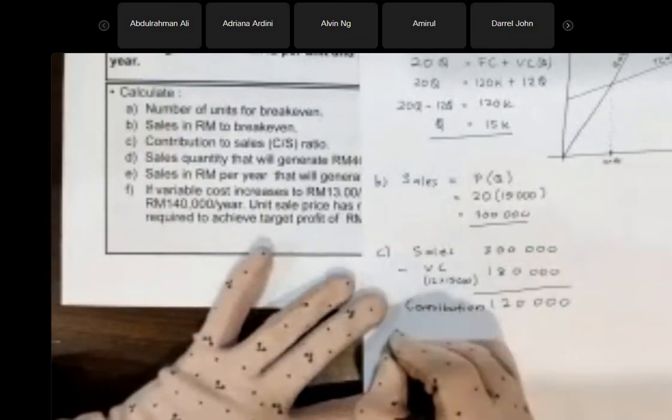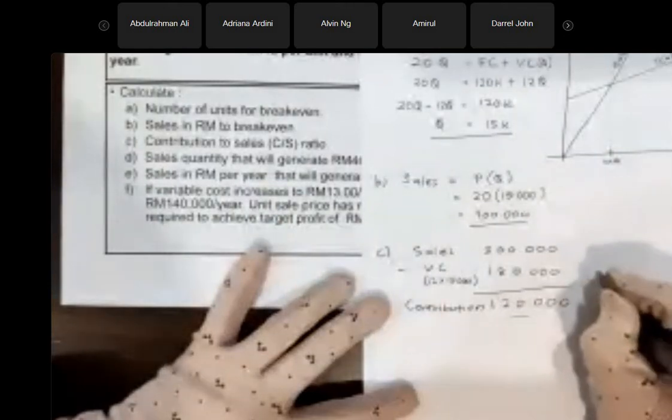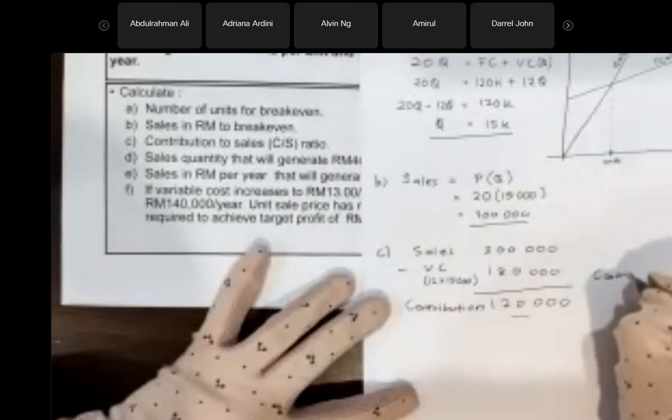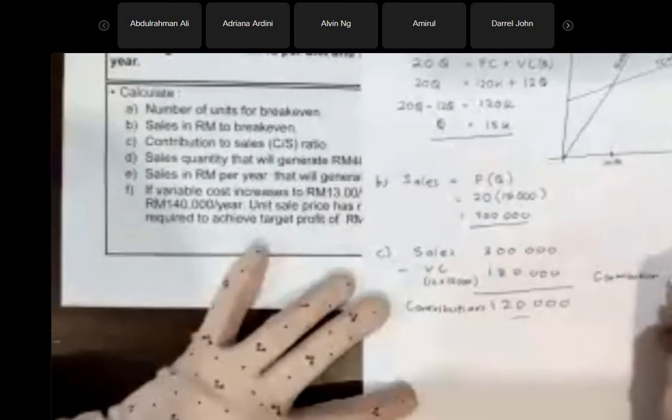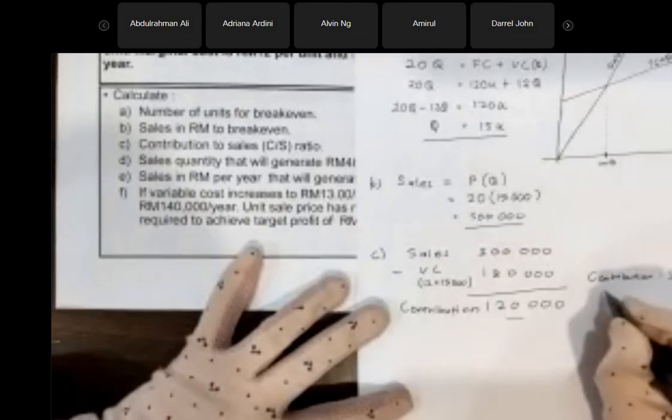And then the question is contribution to sales. Contribution to sales means contribution divided by sales.